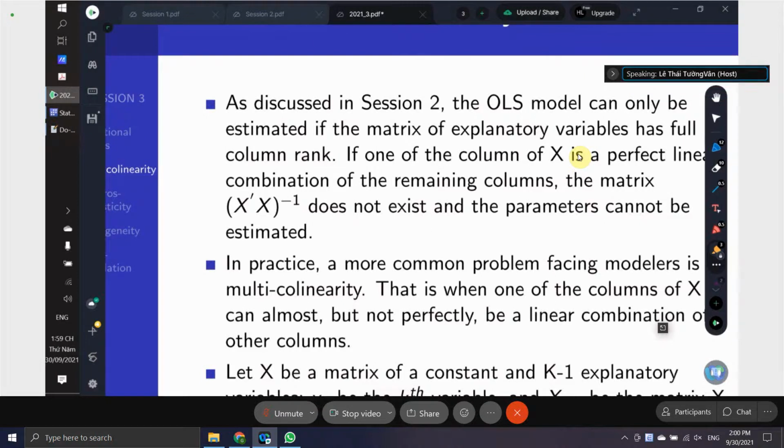They will drop that variable so that they can invert the matrix X prime X. This is different in the nonlinear case, where the omitted variable is because our students have not incorporated enough explanatory variables into the model, not because they deliberately drop it out. Okay, good.